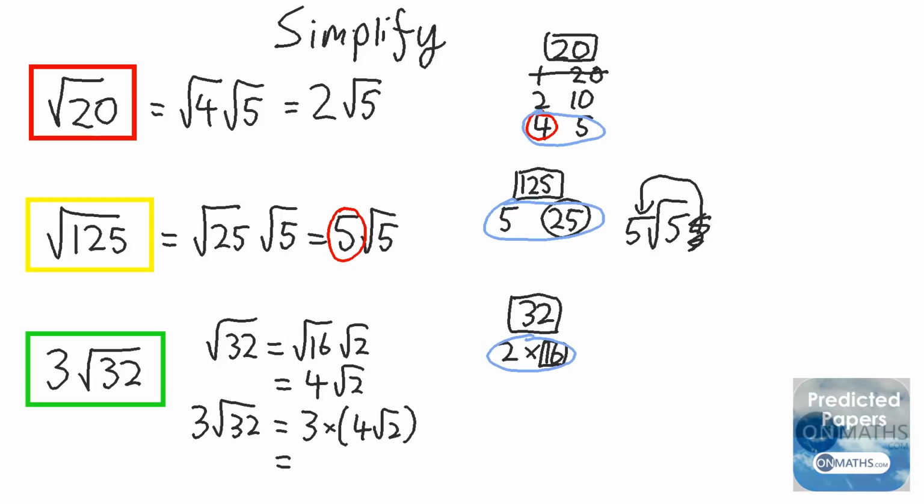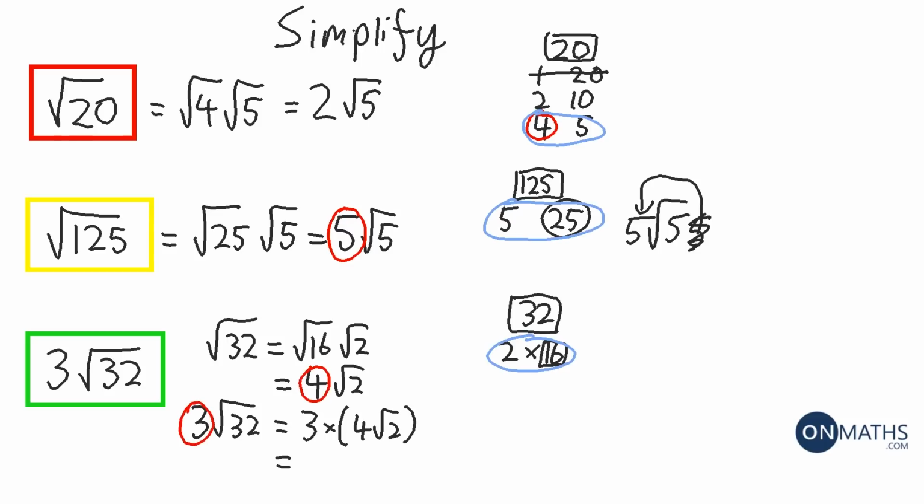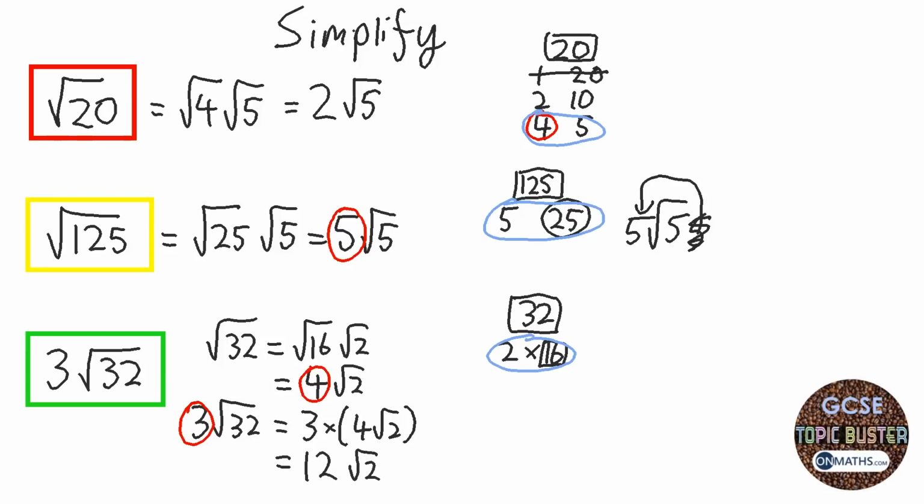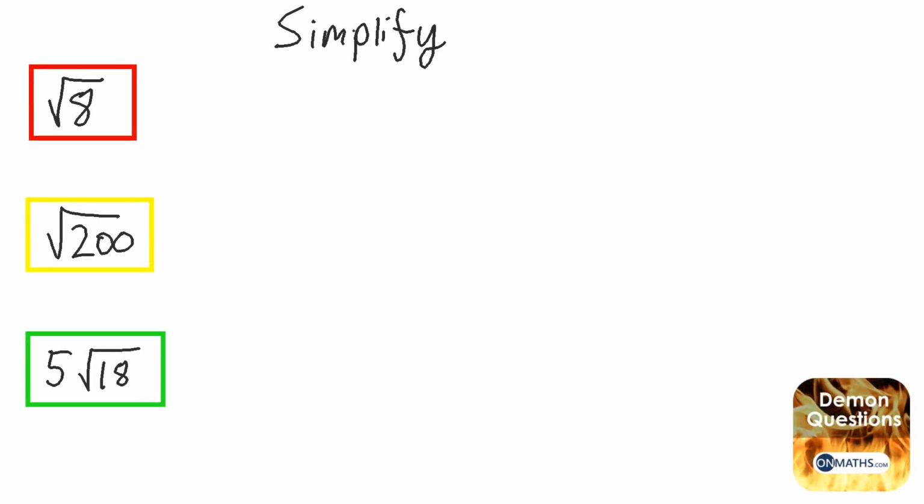And what you do is you just times the 4 here by the 3 here. So it becomes 12 root 2. So work out the surd on its own and then times the number on the outside of the surd by the number on the outside of the surd in the question. So we just times the 3 and the 4 together to make 12. Okay, have a go yourself.